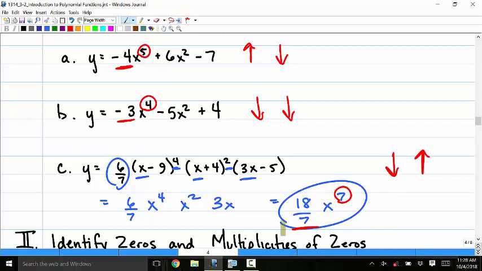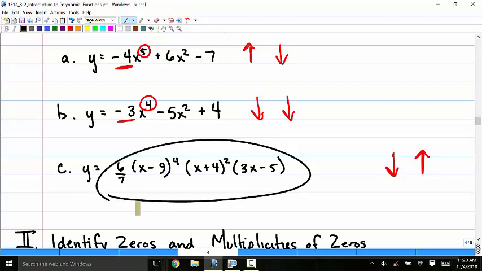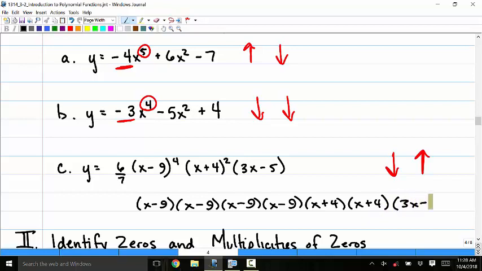You lost on that one? How did I get this? Okay. Back it up. If I were to multiply this out, do you see x minus 9 four times, x plus 4 twice, and a 3x minus 5, and a 6/7 out front? That's what I need to multiply out.